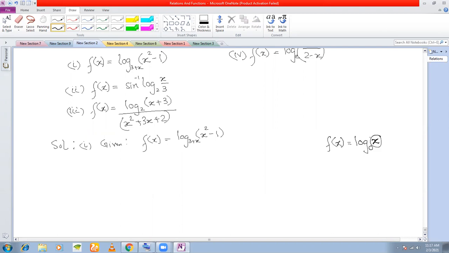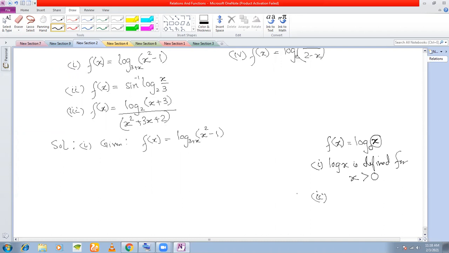Is log defined for all the values of x? Back in class 9, I told you that log x is defined only for positive x, right?